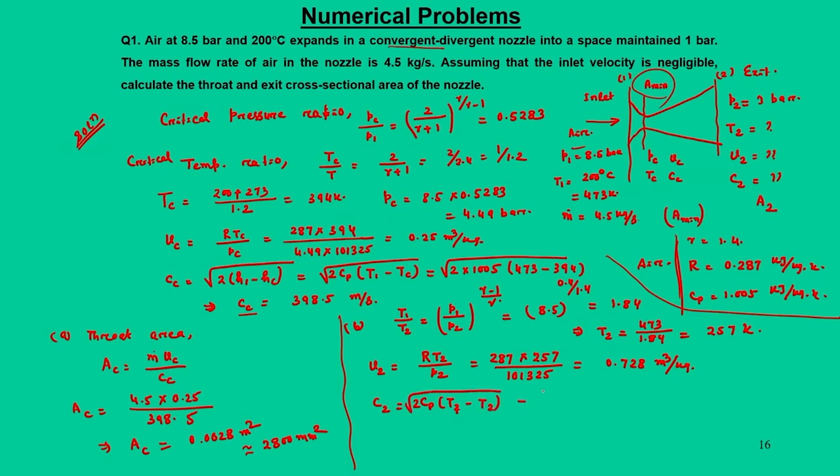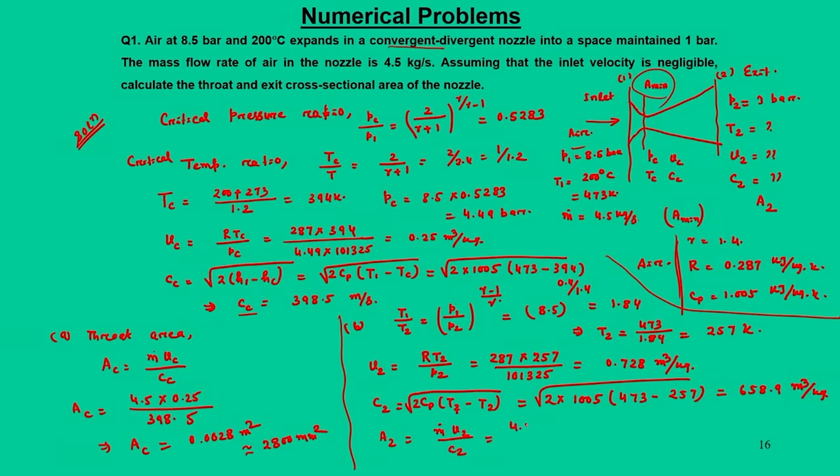So, that is twice into 1005, T1 is 473 minus T2 which is 257, entire square root, and this is 658.9 meter per second. Once you know C2, we can find A2 is equal to m dot V2 by C2.